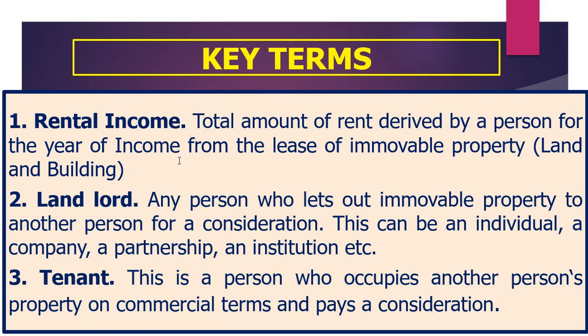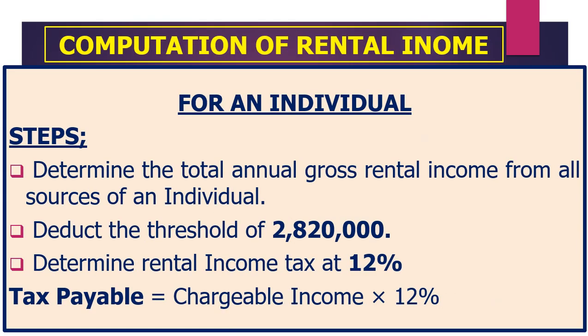The terms you agree on must involve two things: giving out an asset, but also the tenant must pay for using that immovable property. So we are going to look at the computation. Specifically, we want to first look at an individual, as we did in the last video, an individual like Tom.